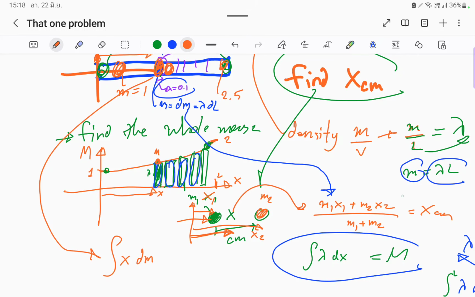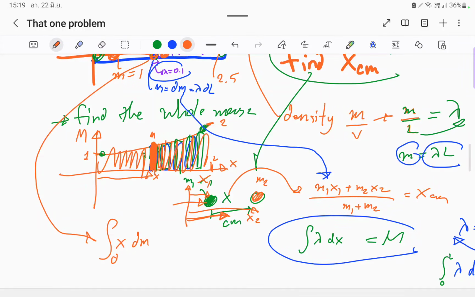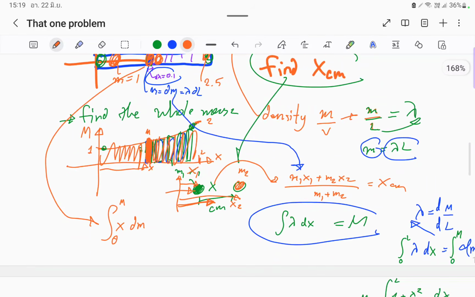If you want to know what this value will be, you must multiply both of them together: the x here, which is the large number that spans from 0 to that specific place, with the little mass in each place, which you just chop up into little pieces like this. Then you keep doing that until you get the whole graph, which is just another way of saying integrate this from 0 to m, because you want the whole mass.